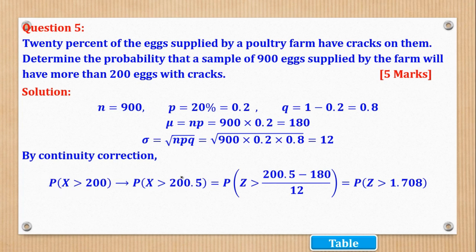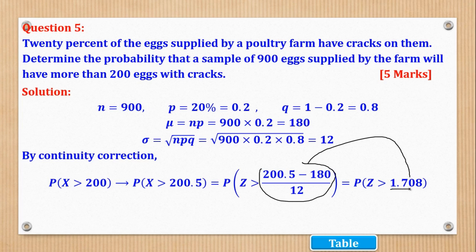Okay, now that you have changed to normal, we can now standardize. Standardize is to convert x to z. So this x to z gives you x minus mean over standard deviation. Then when you use a calculator, what we get here must be rounded off to 3 decimal places.